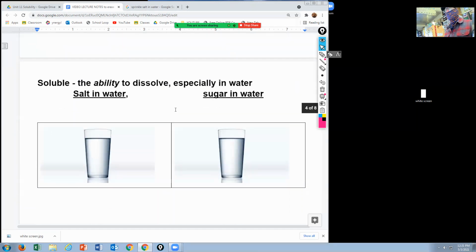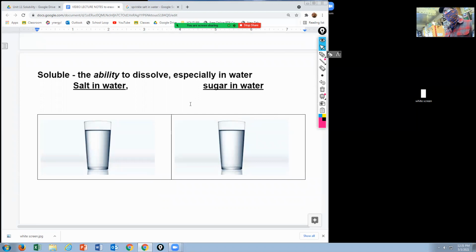So now we're going to talk about the word soluble. Soluble is the ability to dissolve. This is one of the words we're going to be using a lot. It's called soluble. And soluble means the salt or whatever can dissolve in the water. For example, this is a cup of salt water. The salt has been dissolved in the water.